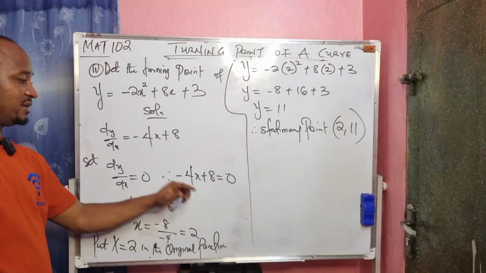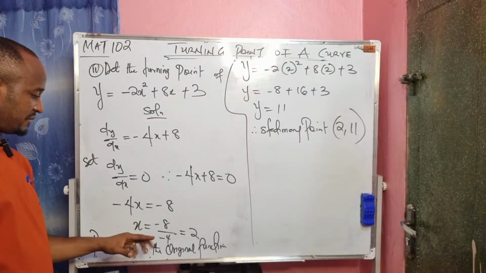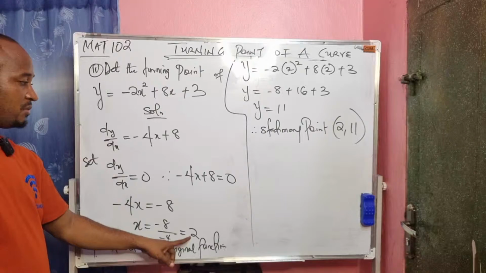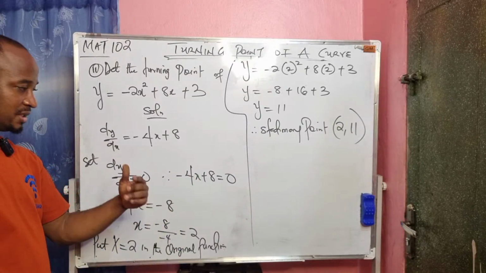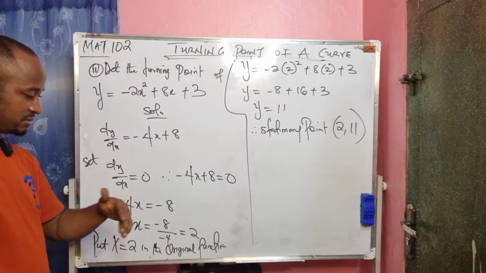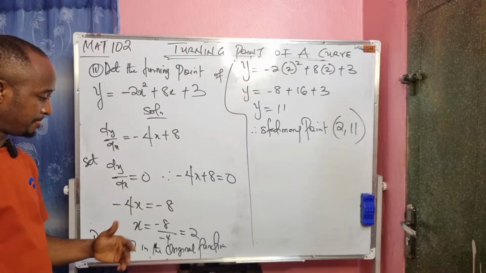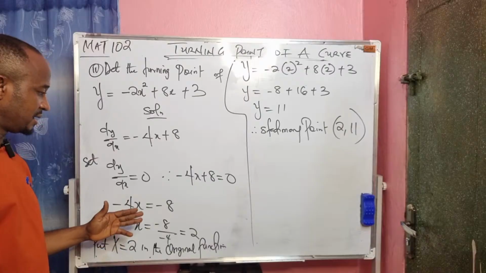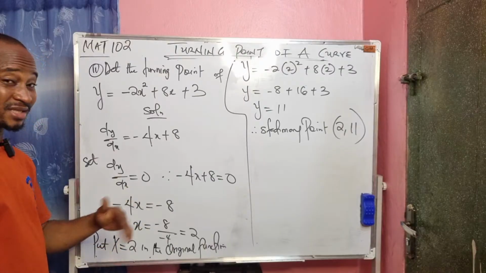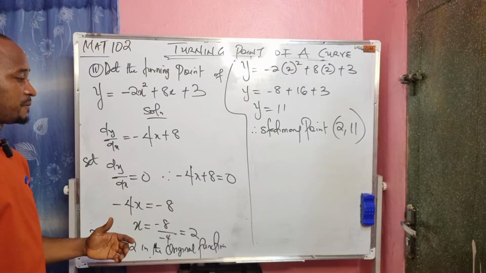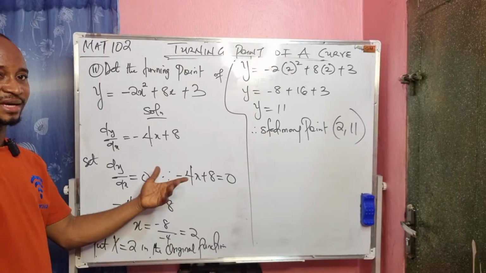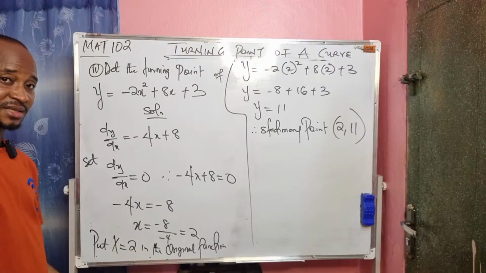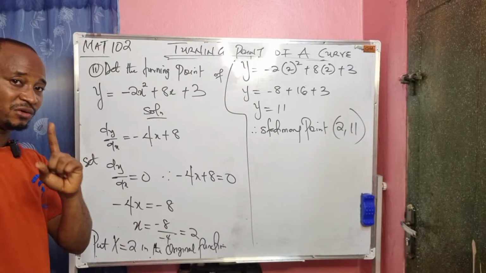So the only possible value of x is x = 2. Otherwise, I would solve using the quadratic method, either by factorization or by using the quadratic formula. But in this case, we just solve directly by subtracting 8 from both sides, so we have only one value of x.